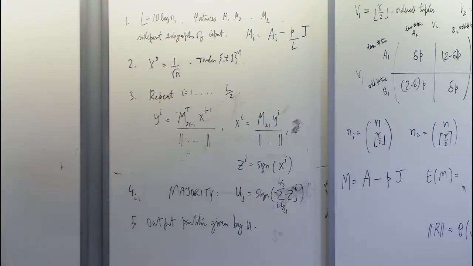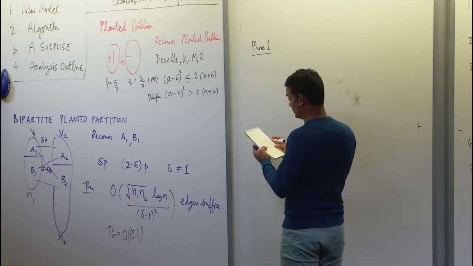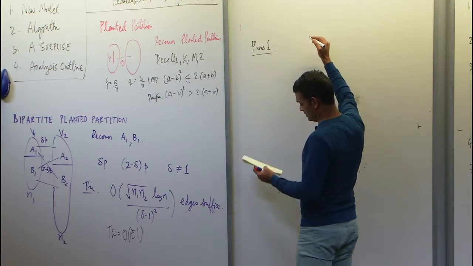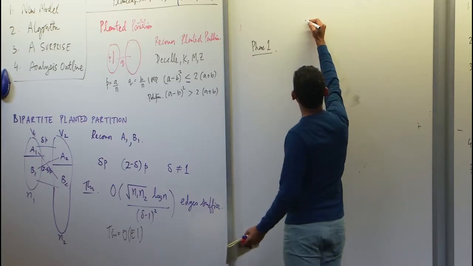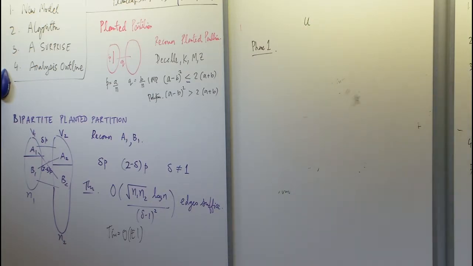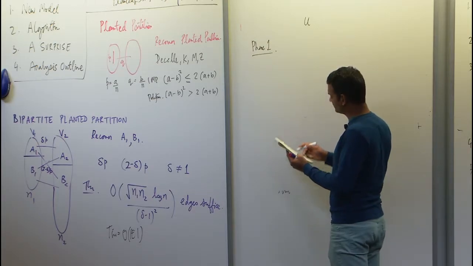Okay. So the analysis is just 4 steps. At least at this level of description, it's easy. Phase 1. We keep a potential function that's going to go high, almost monotonically, not quite. The potential function is just the inner product of the current u vector, the current sign vector, with the true partition.